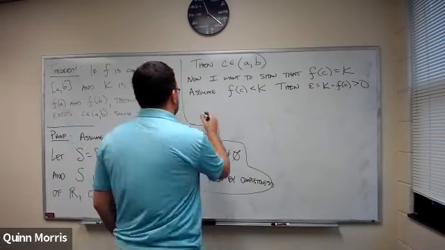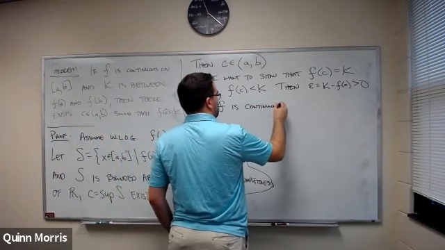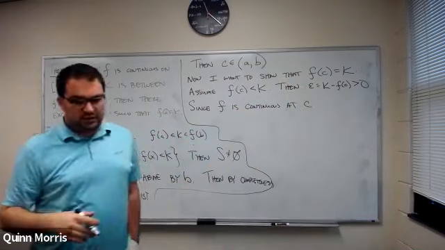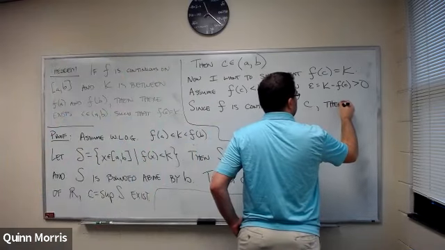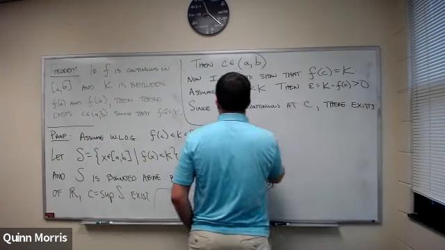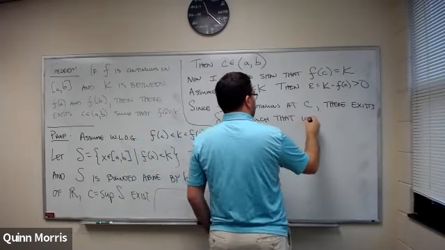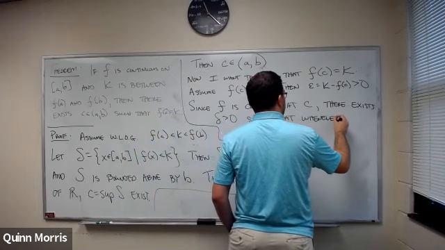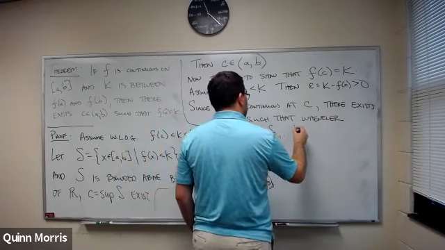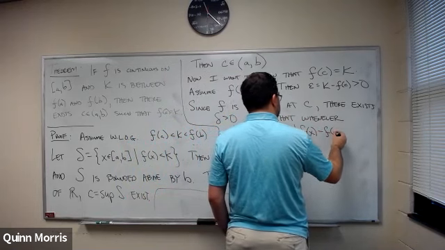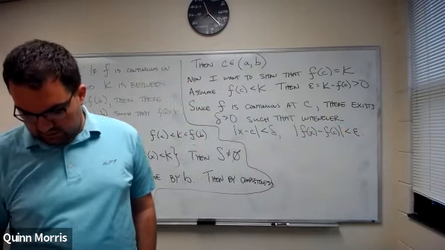And since f is continuous at C, in fact, it's continuous on the entire interval [A, B], it's certainly continuous at C, there exists a delta greater than 0 such that whenever |x minus c| is less than delta, |f of x minus f of c| is less than epsilon. And that's just sort of the definition of continuity.